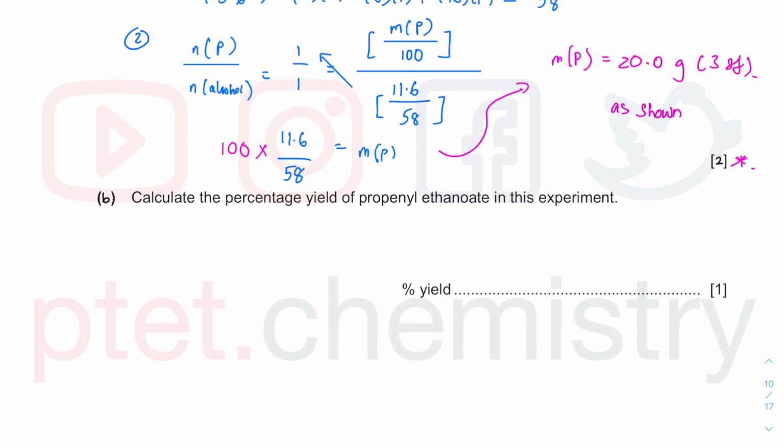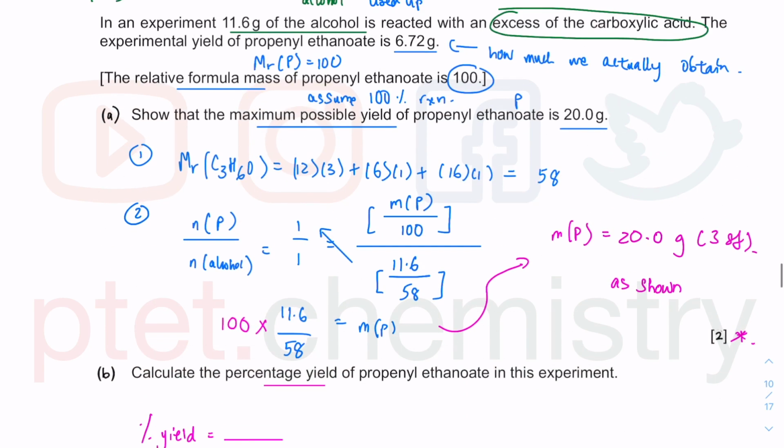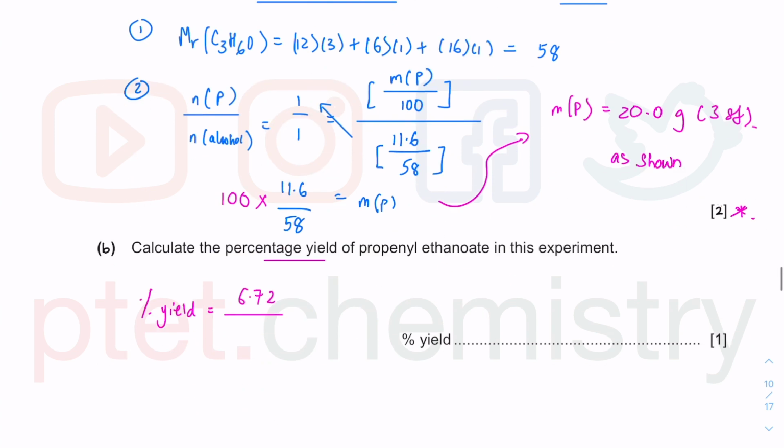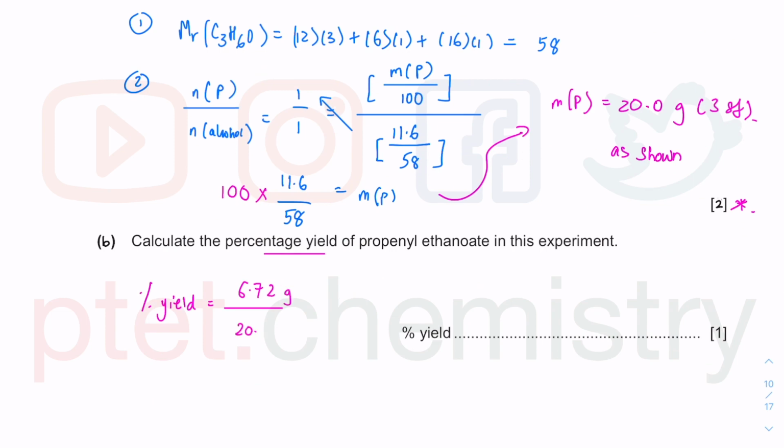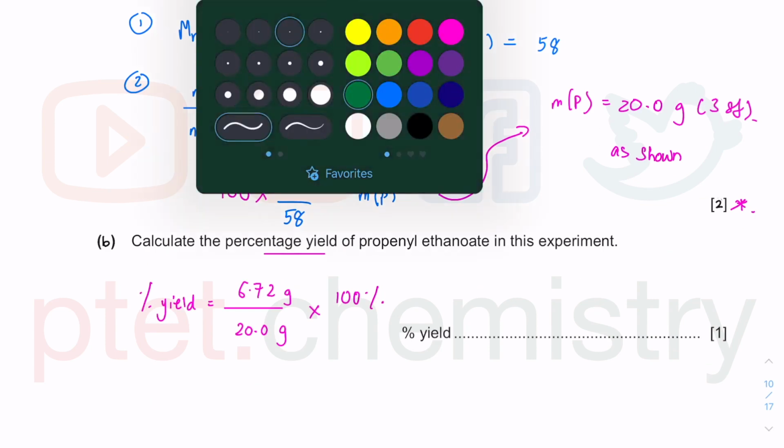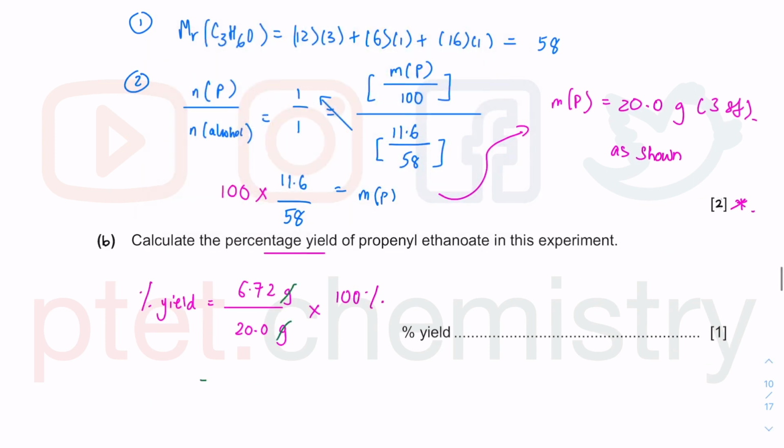Next bit of the question, calculate the percentage yield. So percentage yield means how much do you actually get divided by how much you expect to get. This is how much you actually get, 6.72 experimental yield. You expect to get 20.0. So 6.72 gram divided by how much you expect to get. And it's a percentage, so I need to multiply by 100%. And hopefully you can see the mathematics, gram and gram cancel.